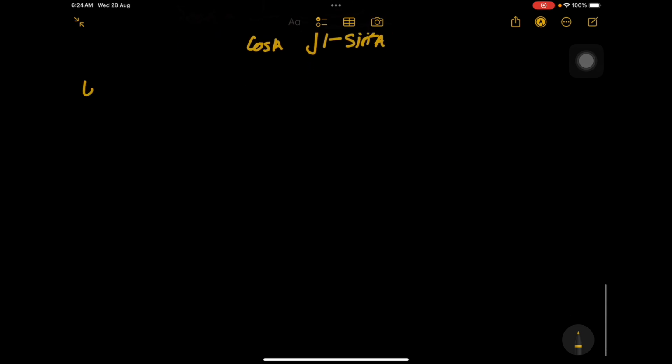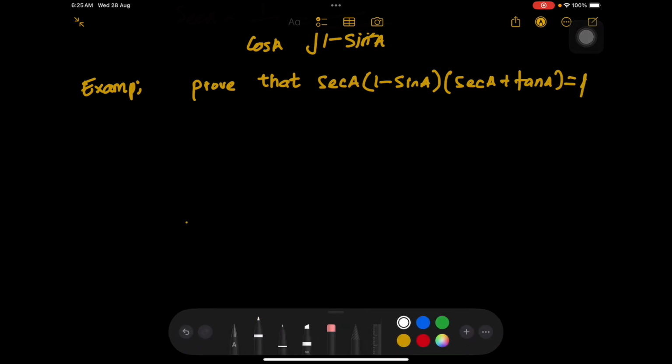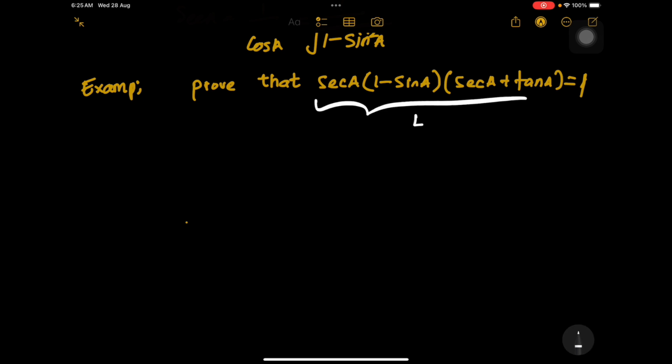So let's look at another example. Prove that sec A into 1 minus sin A, sec A plus tan A, is equal to 1. We are going to take the left hand side and simplify it.